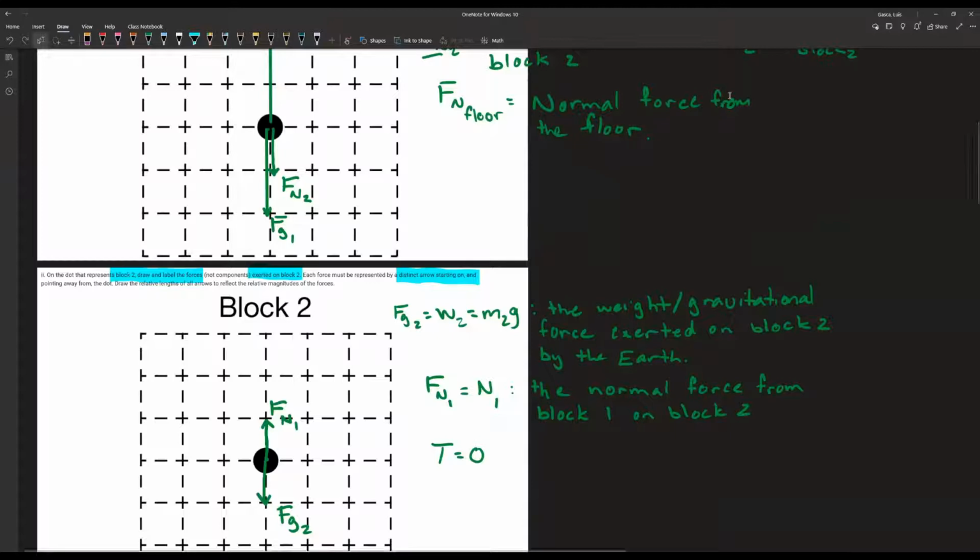Okay, all righty. So it just so happens, and that's the big gotcha in this question. You could draw an arrow for tension, but I would say that your best bet is to either say that it's equal to 0 or just leave it off. Now, if you guys want, I'll share here with you all the scoring guide, just so that you can see kind of how they're looking for the answers here.